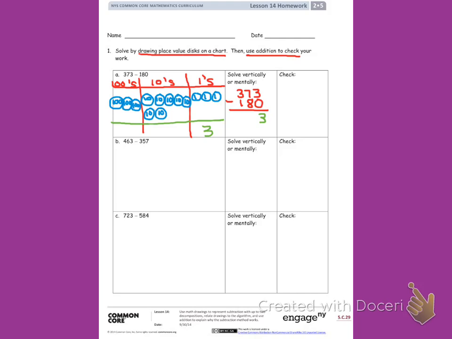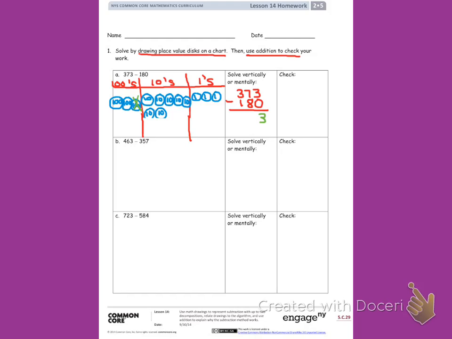Well, I don't have enough to do that, so I better go ahead and unbundle a group of 100 and put it in the tens place. In order to do that, I'm going to erase this line here, and I'm going to lengthen my columns.